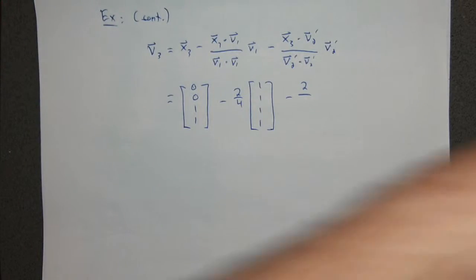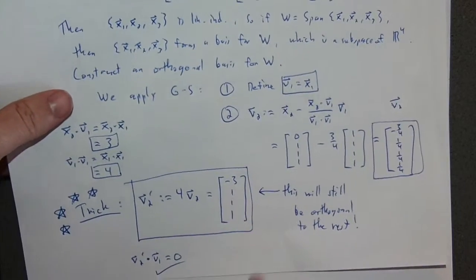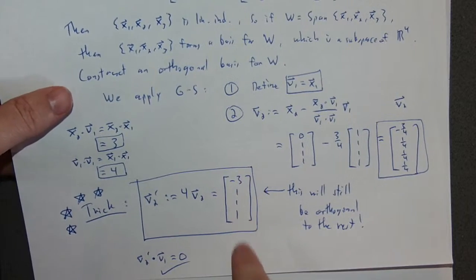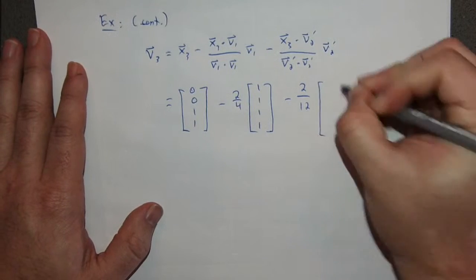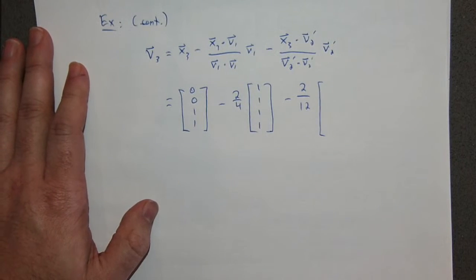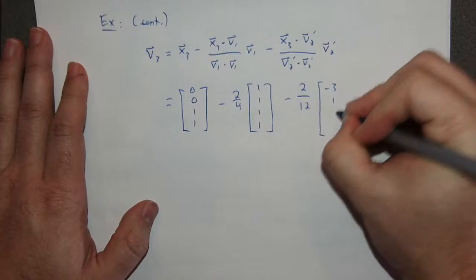Recall v2 prime is minus 3, 1, 1, 1, so this is 9 plus 1 plus 1 plus 1, so 9 plus 3, that's 12. This is 2 over 12 times v2 prime, which is minus 3, 1, 1, 1.